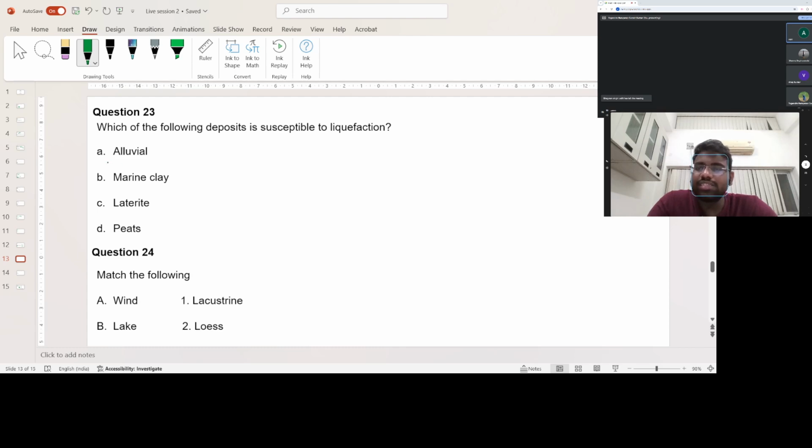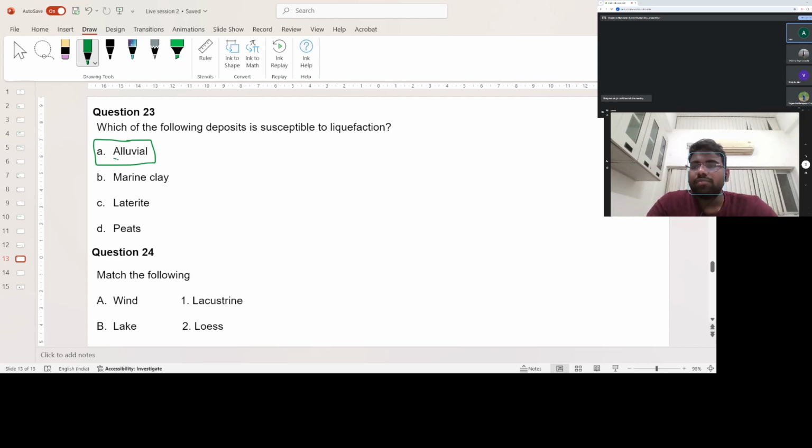So the major reason is its uniform particle size. That is the reason they are mostly loosely graded material. So when loosely graded material is subjected to very high momentary pore pressures, it gets liquefied.